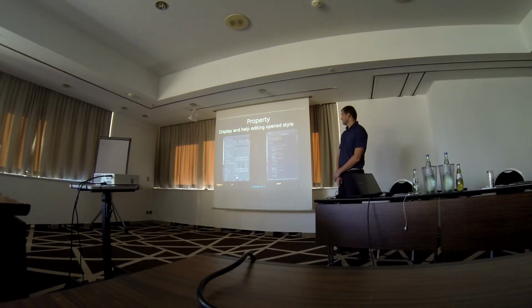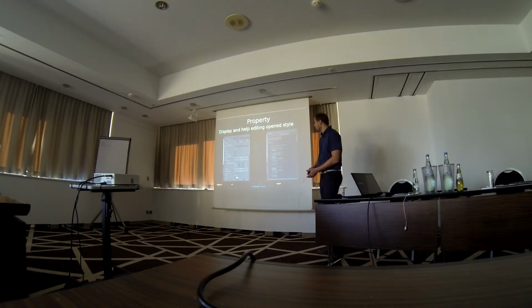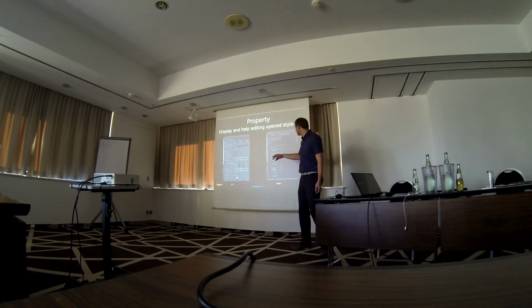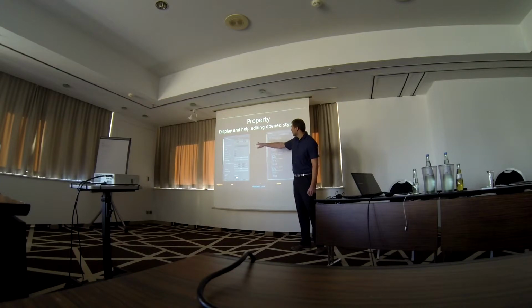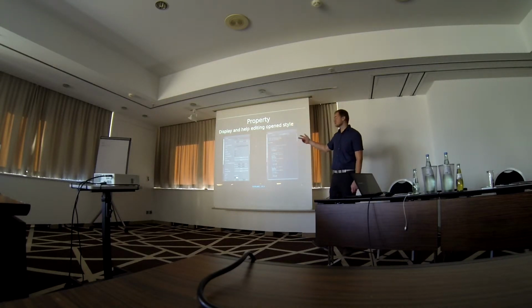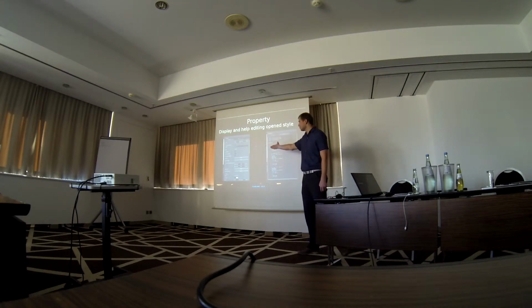Property. We have two tabs in property. It's visual and code. Visual shows all attributes of parts, viewed like widgets. For example, scalable, which is the attribute scale, or clip2.